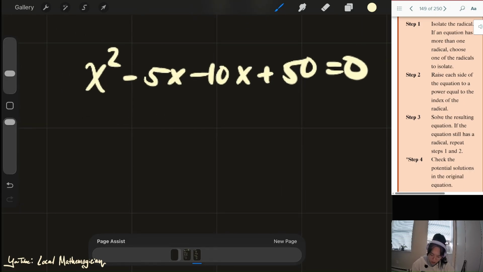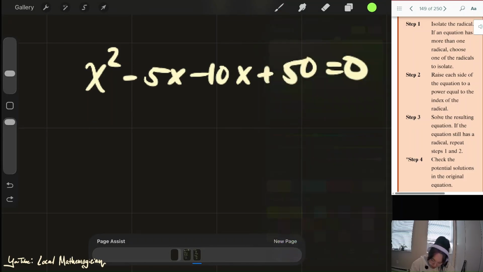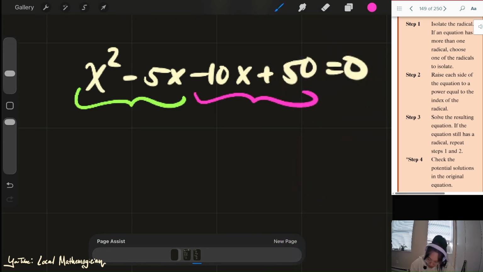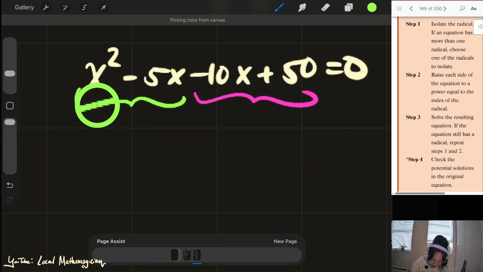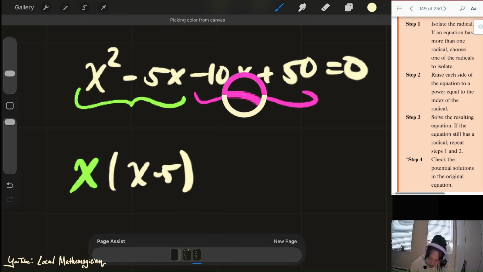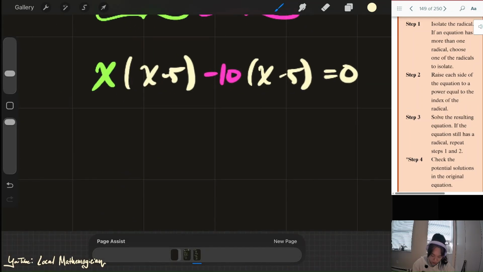And then we say beep, beep, beep. We factor the x's out. We can kind of group it up like this and like this, right? If you do that, factor out the x, gives you x minus 5 on the inside. You factor out the negative 10, and that gives you x minus 5 on the inside, equal to 0.